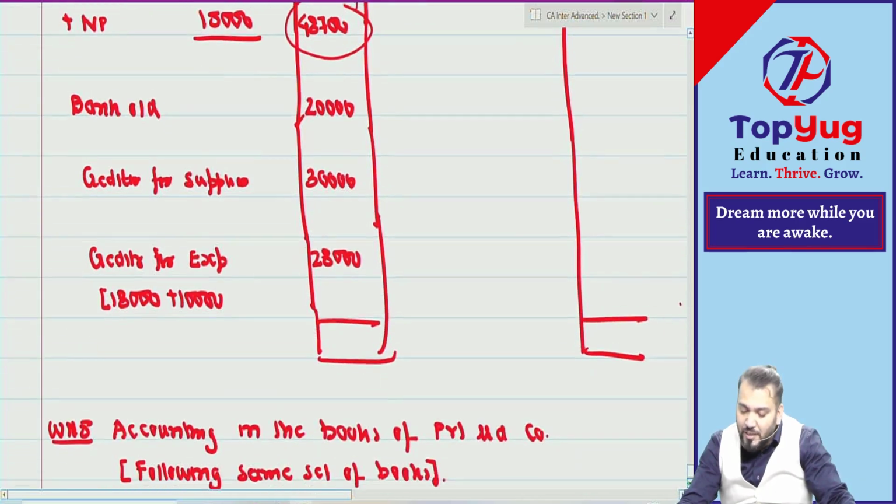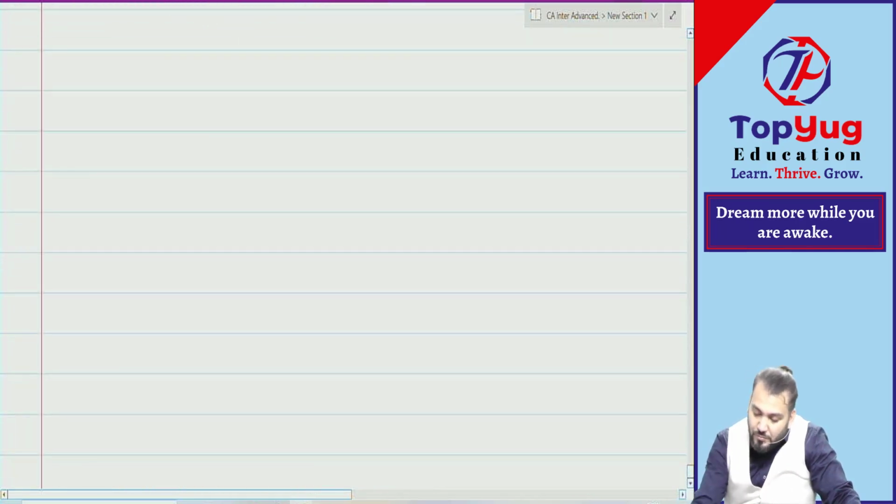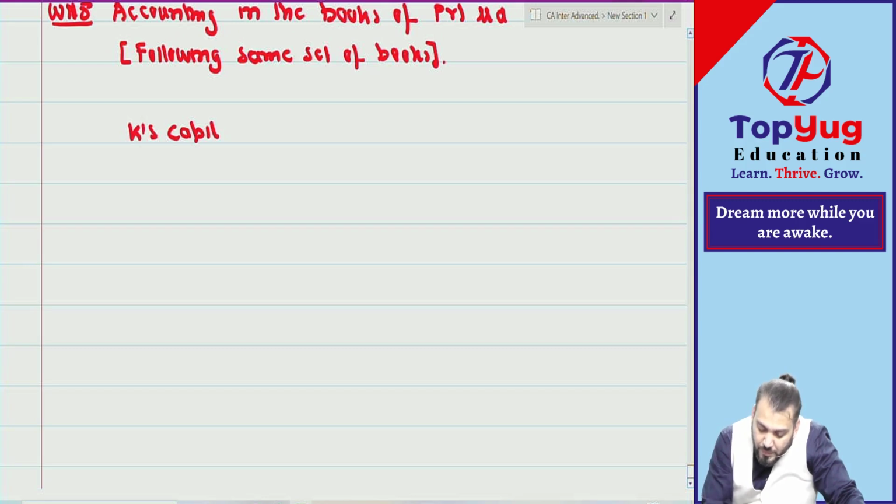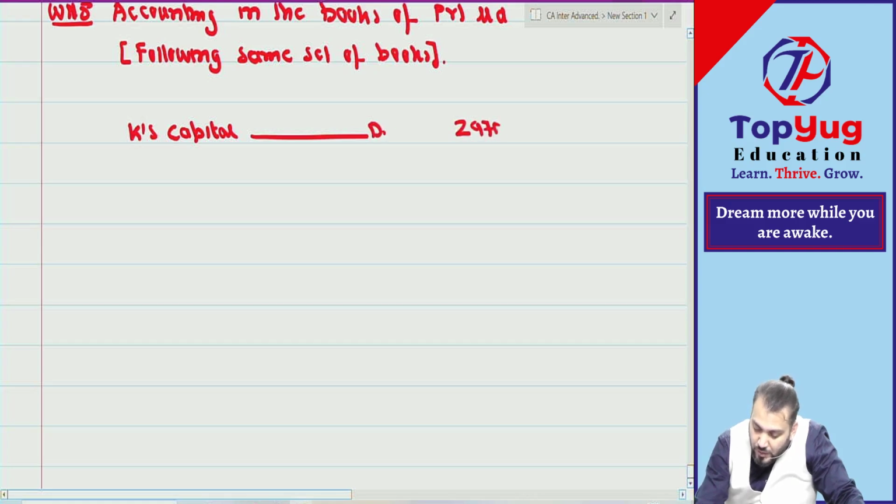So what journal entry will be done? Only one journal entry: conversion of capital. K's capital account debit how much? 24,700. Then C's capital account debit how much?